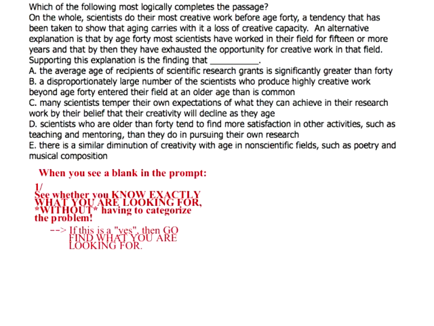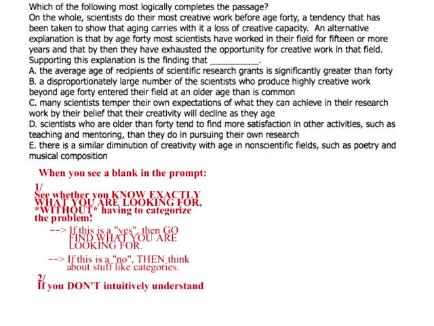So if this is a no, then think about categories, which might then be helpful in orienting you to the problem at hand. If you don't intuitively understand the task, then think about stuff like categories.